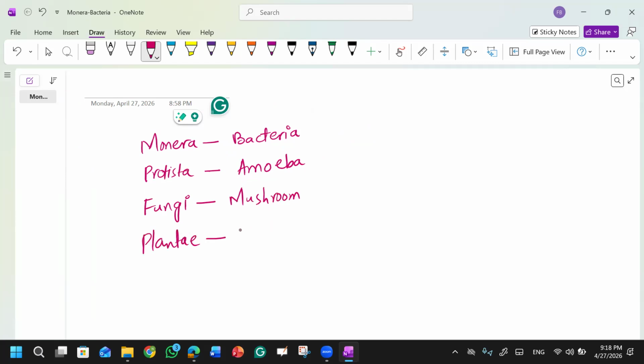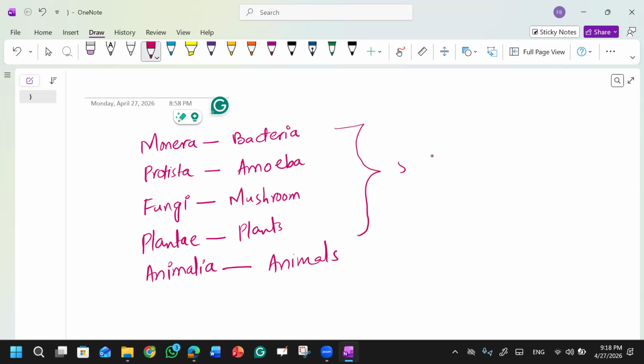And then Animalia, kingdom Animalia, in which you have animals. These are the five basic groups, known as the five kingdom classification. Basically, we have categorized them into these five kingdoms on the basis of complexity.